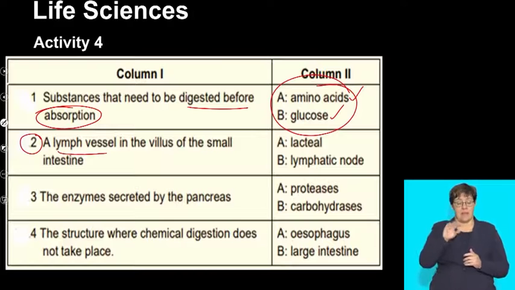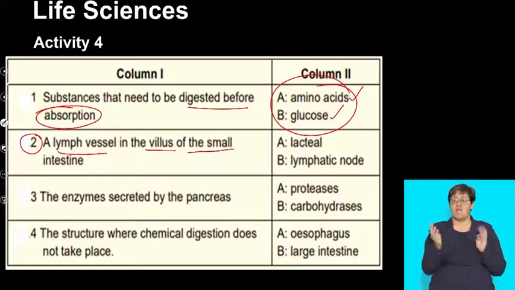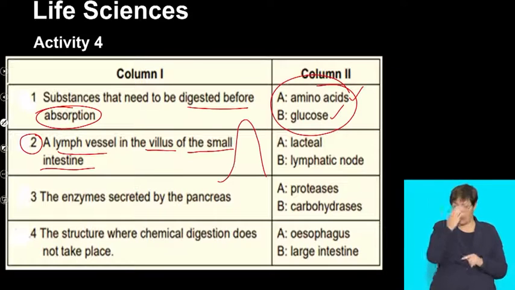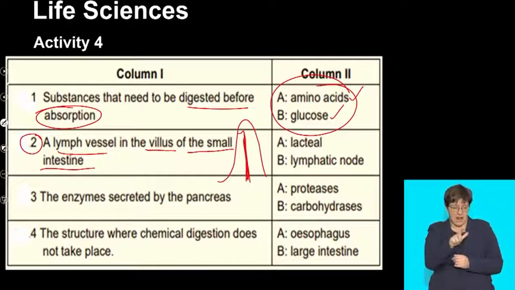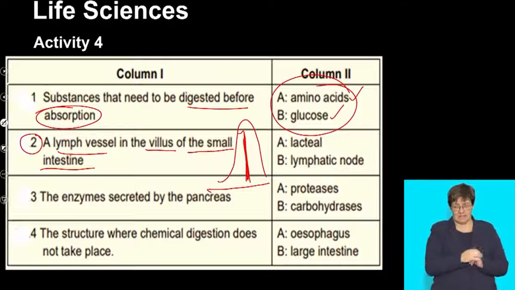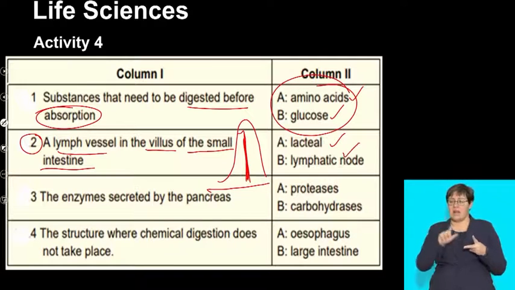A lymph vessel in the villus of the small intestine. So guys, if we go back to the villi, you know that in the middle you've got that central lacteal, which is part of the lymph vessel. And that is important in the absorption of the digested fat. Let's see. So we talk about the lacteal and the lymphatic node.